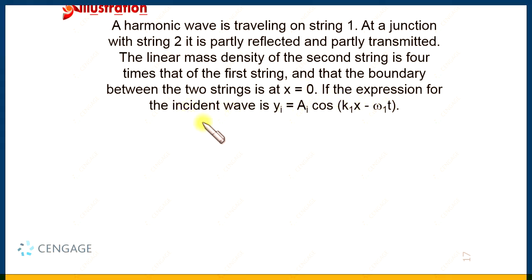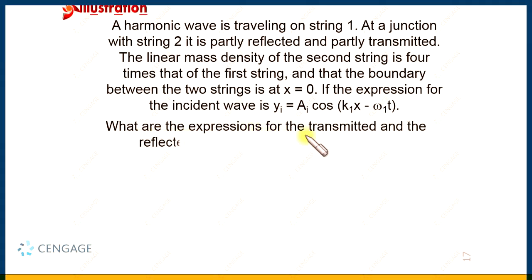If the expression for the incident wave is y_I equal to A_I cos(k1 x minus omega t), we need to find the expression for the transmitted and reflected wave in terms of A_I, k1 and omega. That means we need to write the equation of the transmitted wave and reflected wave.